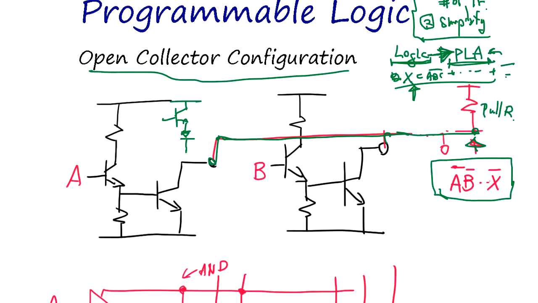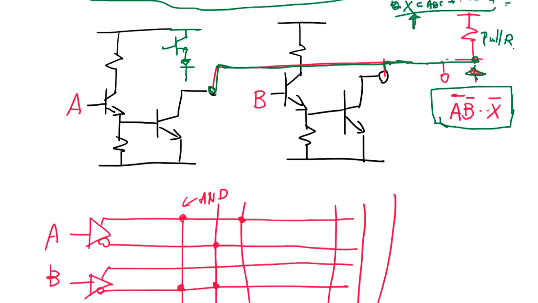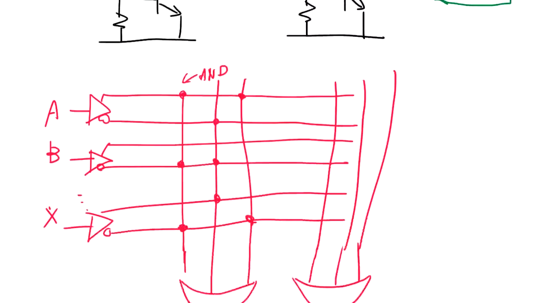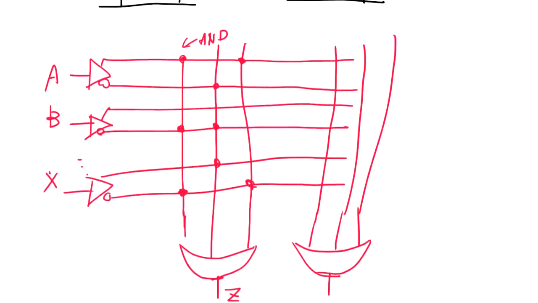The way programmable logic typically is made is you have a set of inputs, and you have a connection to each line, and this is OR, actually it can be NAND, right?